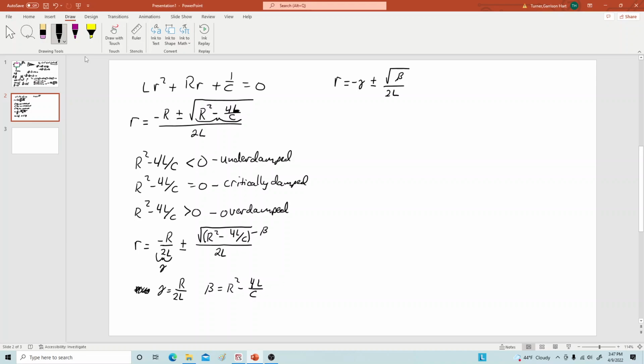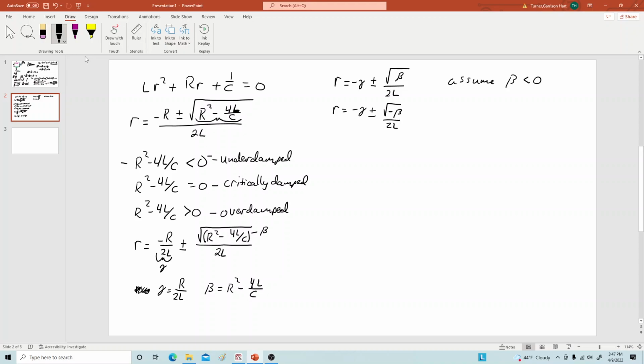But what we want to do is look at the underdamped case. So we're going to assume that beta is less than 0. Then I can write this as r is equal to negative gamma plus or minus the square root of negative beta over 2L.